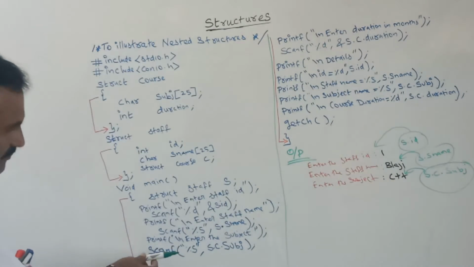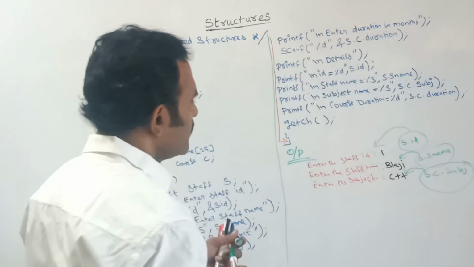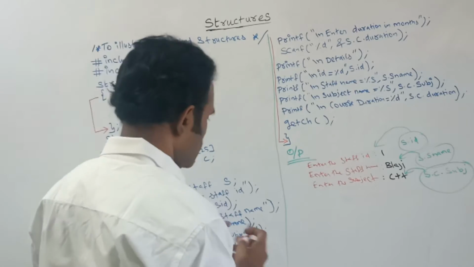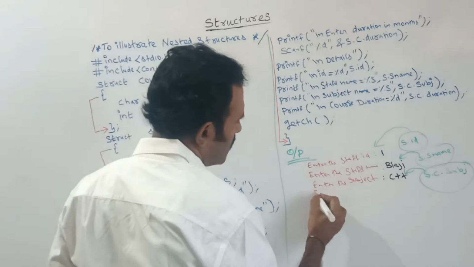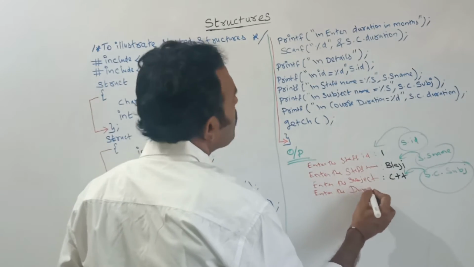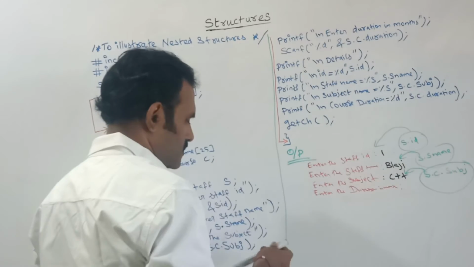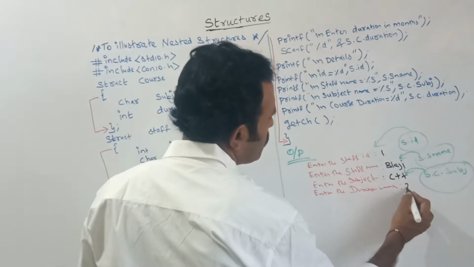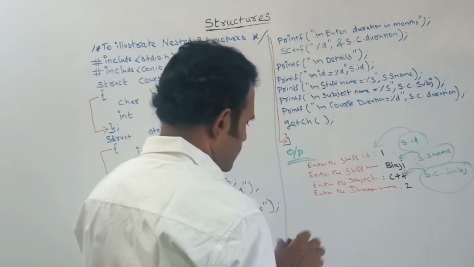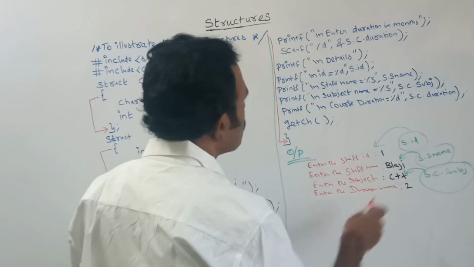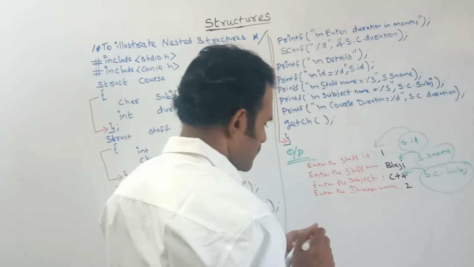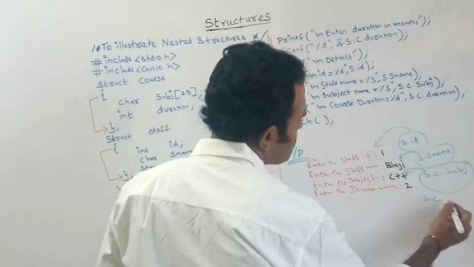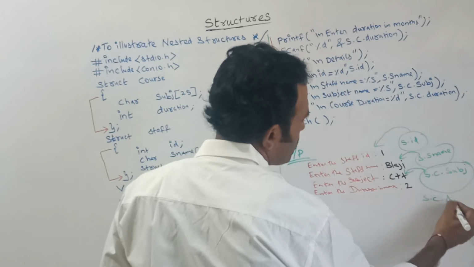Next: enter the duration in months. Suppose I give 2, then this data 2 will be stored where? In S dot C dot duration.